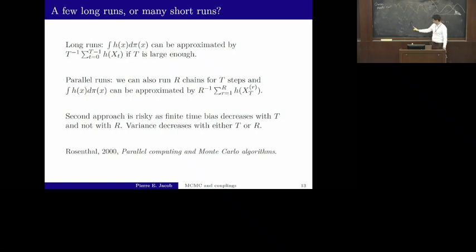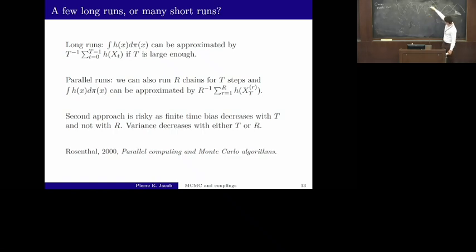But if you draw every time the starting point independently from pi, then after one step, you get a point that is still distributed as pi, but now it's independent from the other. So that's fine. So if I draw independently, even from x_0, another point, and I have another trajectory, and now I get another x_T, and those two x_T's will be more or less independent points from pi.